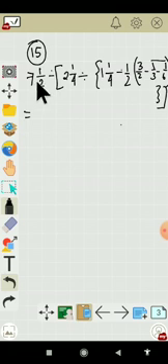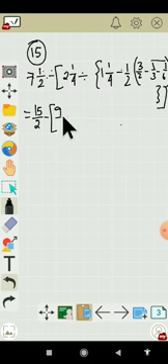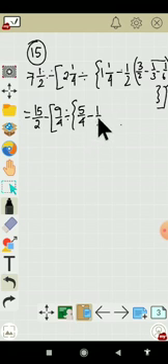So first convert mixed fractions into improper fractions. So this will give us 15 by 2, 9 by 4, 5 by 4, half, 3 by 2, and 1 by 3 minus 1 by 6. This one will be 1 by 6 again.